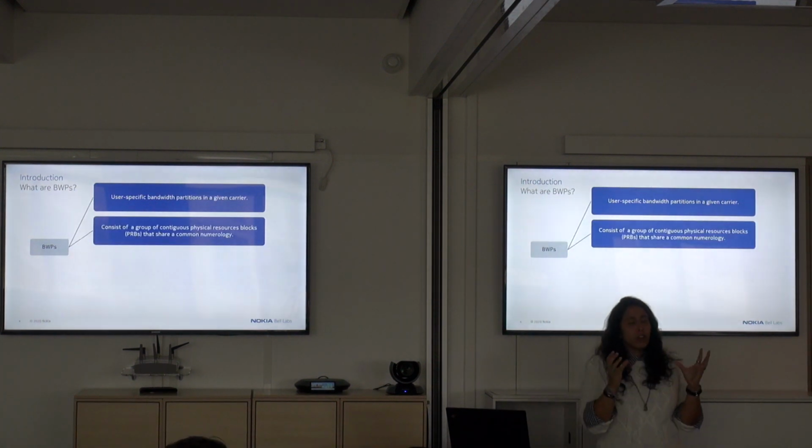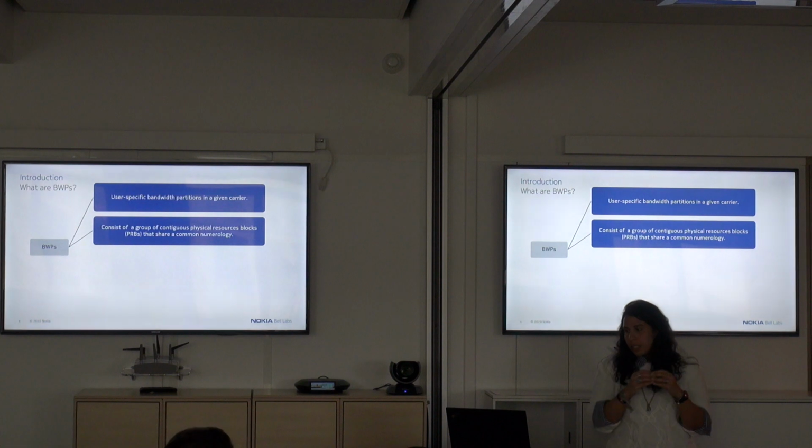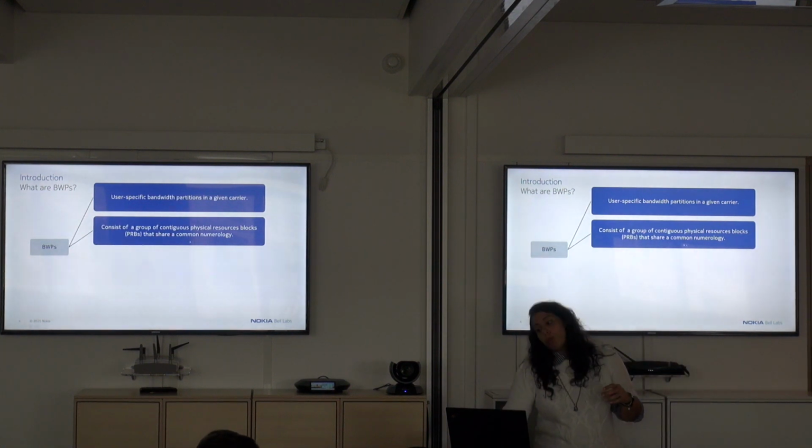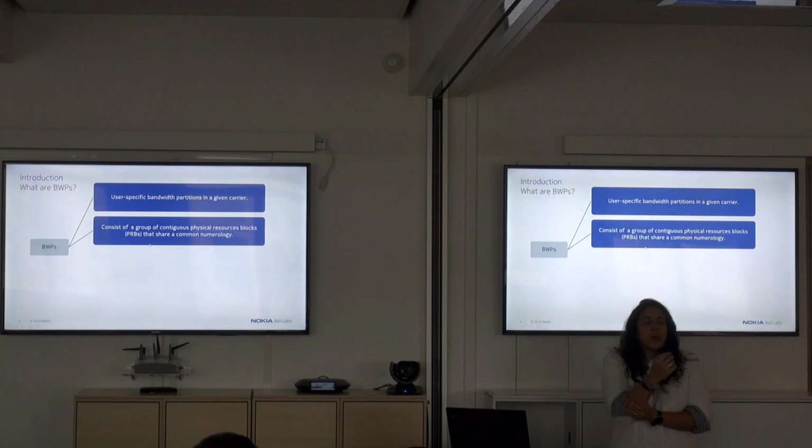Then it's a group of contiguous resources, in this case called physical resource blocks, that share a common numerology. So meaning that the network will assign a chunk of bandwidth to a user with certain characteristics depending on that user's service. And one of those characteristics is that all that chunk of frequency has to have the same numerology.